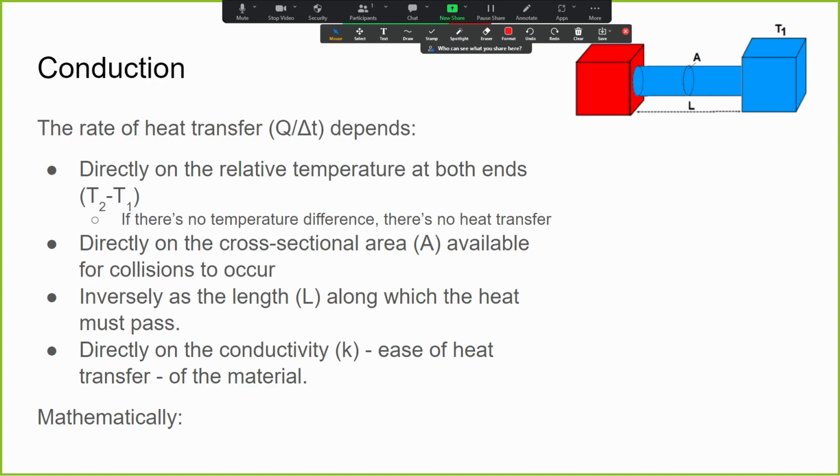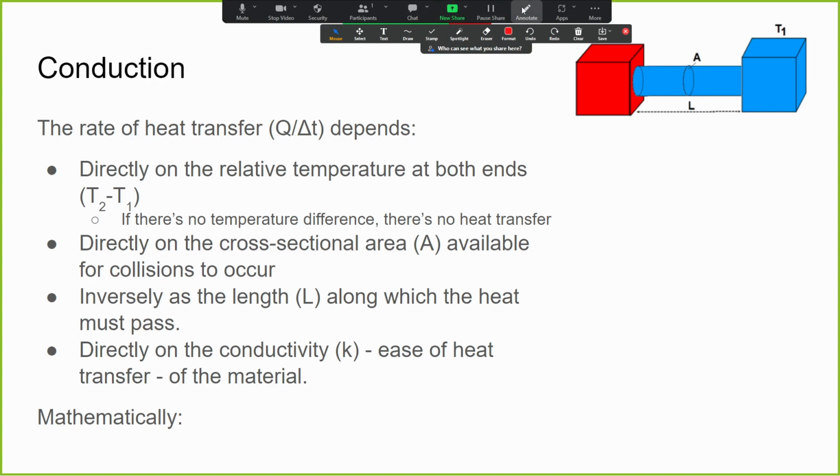The longer you make this tube, the harder it is for molecules to conduct to other molecules, because they're separated by a greater distance. And it depends directly on the conductivity of the material. For example, silver is extremely good at conducting heat. Silver has a higher conductivity than lead.